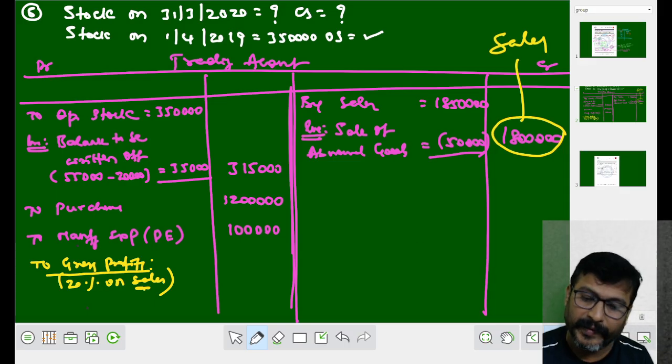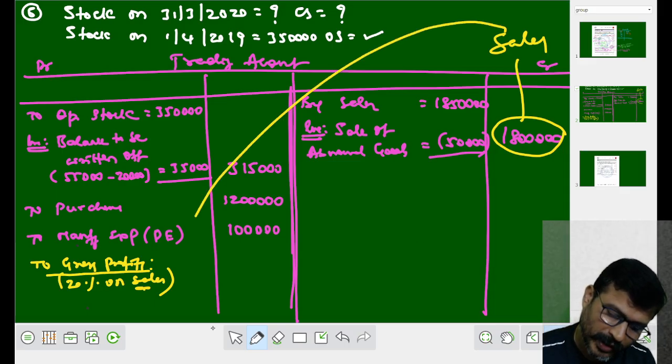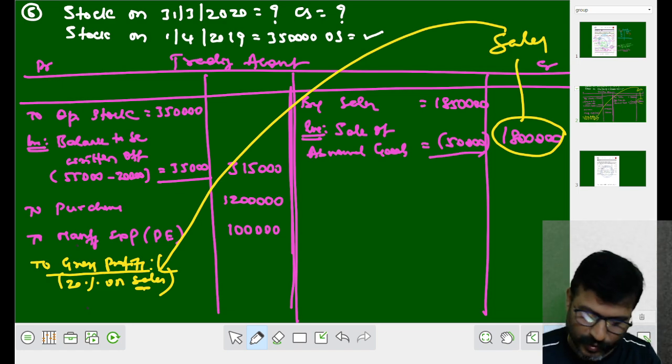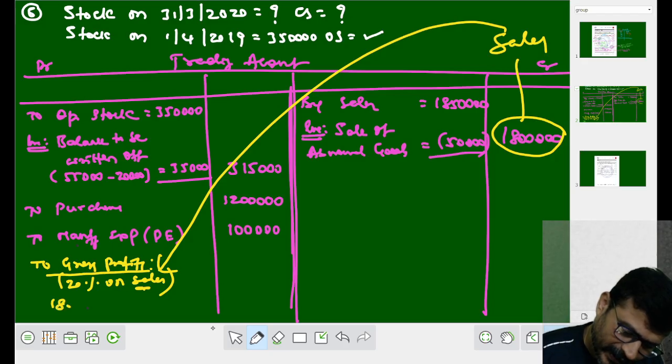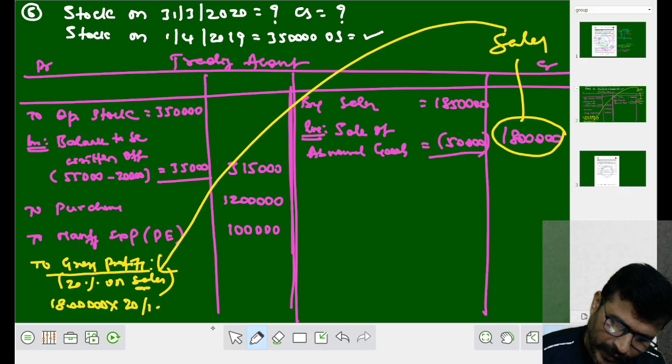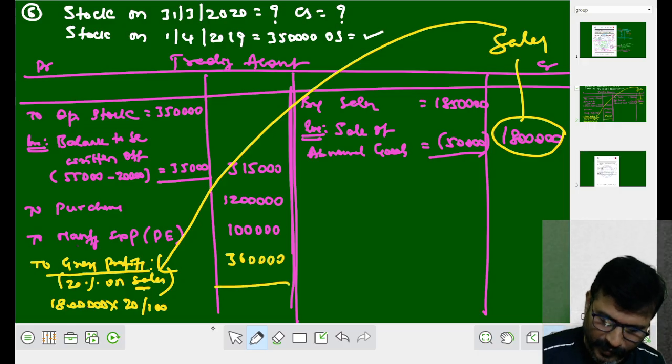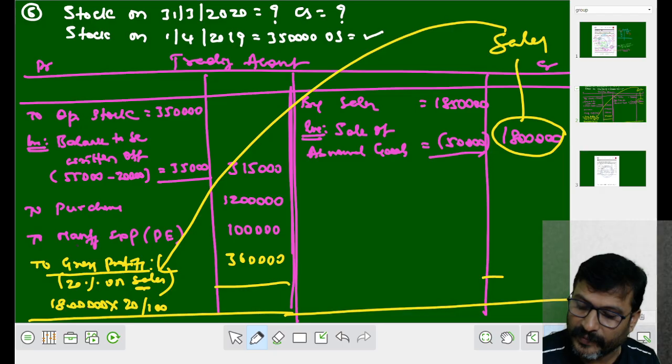Profit is also given on sales. So both are sales. Matched. So then what we have to do? Take that 18 lakh, 20 by 100. It comes to 3,60,000. Fine. Now you close it off.